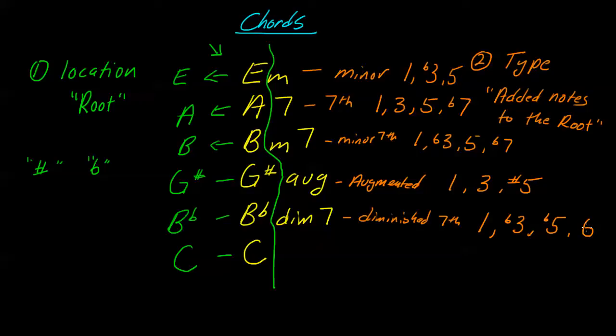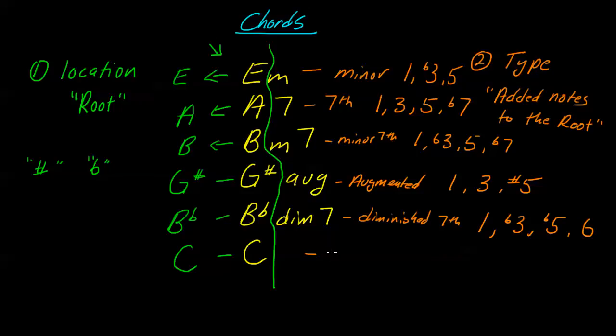Some people will say it's a double flatted 7th. You're getting kind of into some crazy music theory there, but just for simplicity's sake, a double flatted 7th is the same as a 6. So I'm just going to put 6. And this last one here, this C, the simplest chord symbol of all, you remember I told you, even when there's nothing written after, it still tells you that there is a type associated with it.